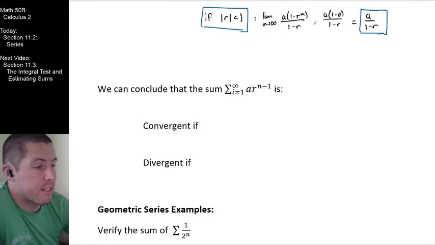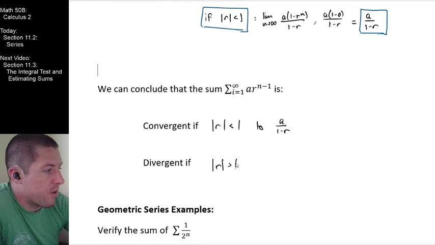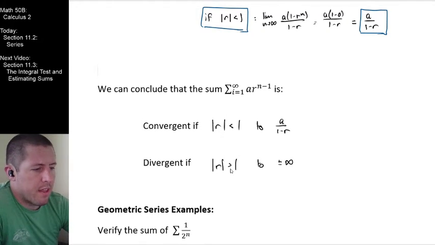So we can conclude that it's convergent if our common ratio is less than 1, and it will converge to a over 1 minus r. It is divergent if our common ratio is greater than 1, and it will go to plus or minus infinity. And I actually want to say this should be greater than or equal to.